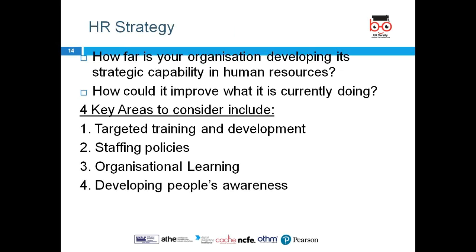How far is your organization developing its strategic capabilities? We need to look at this. If we're not developing strategic capabilities at the strategic level, in the short term, medium term, and long term, it's very difficult to sustain our organization. A lot of companies in the UK are behind in skilling compared to Germany and various other developed countries, so a lot of companies are short of resources.